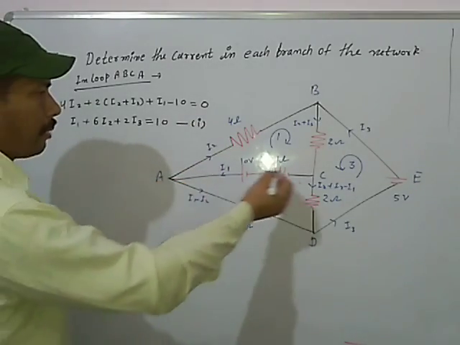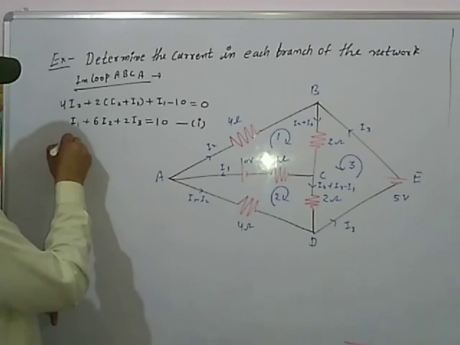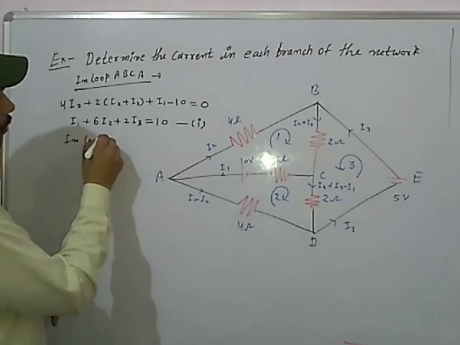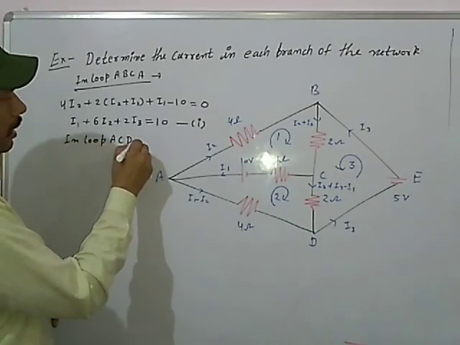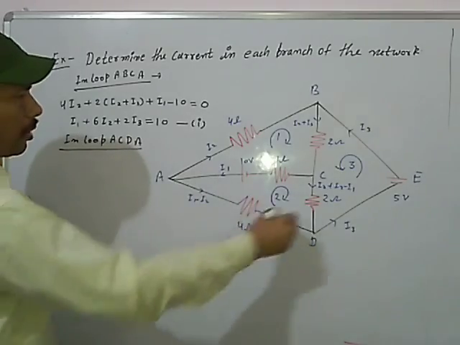अब हम लेते हैं लूप नंबर 2, ACD. Now in loop ACDA, इस ACDA लूप को लेते हैं.